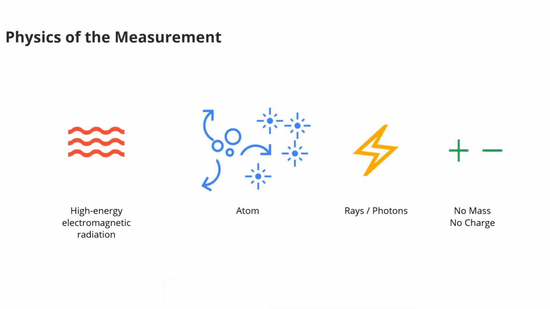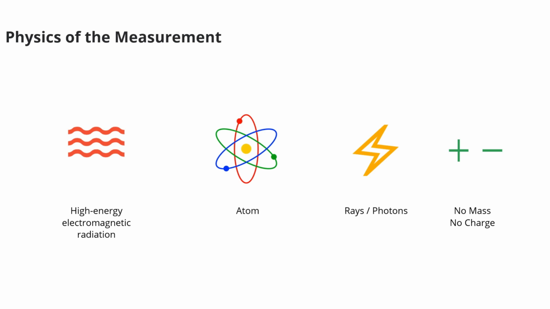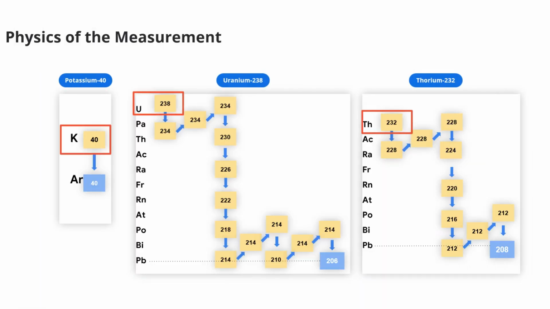To get into the physics of gamma rays, consider them as high-energy electromagnetic radiation emitted from the nucleus of an atom during radioactive decay. These rays are photons with no mass or charge, and they travel at the speed of light. Potassium-40, uranium-238, and thorium-232 are the primary elements involved in these decay processes.